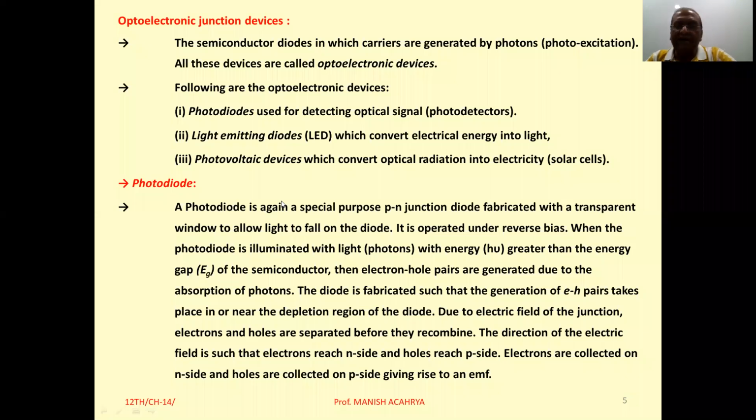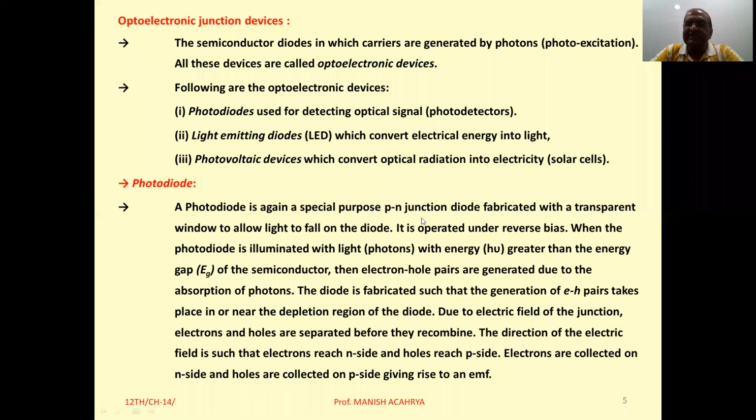And third one are solar cells, which also convert the photon energy into electrical energy. Clear? Okay. Now, first of all, we have to discuss the photodiode.